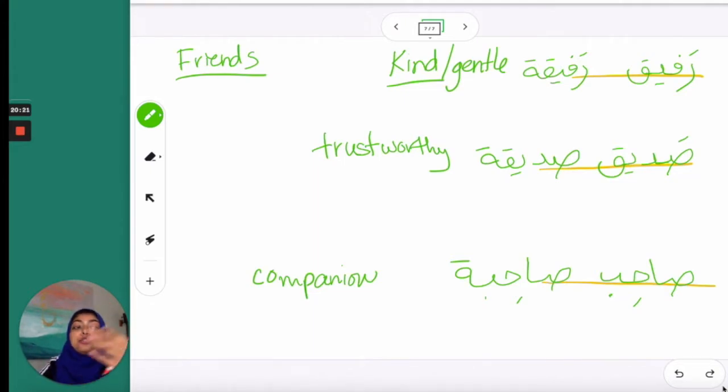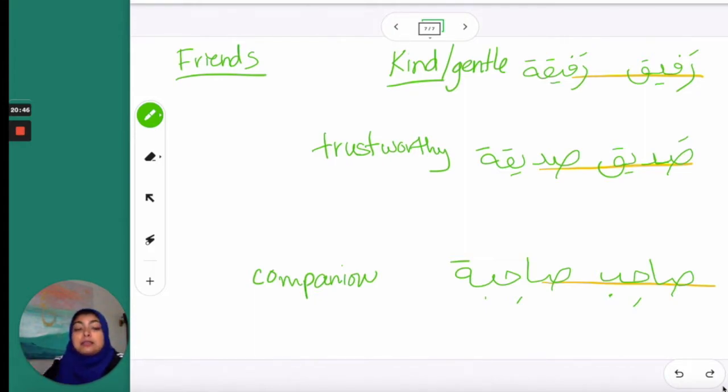So as if you're introducing someone, you're introducing me to your friend. Okay? And so when you're using this, you're really saying what level of friendship you have with this person, that I really trust this person, or this person is really kind, or I spend so much time with this person. And that's the beauty of the Arabic language, that there are so many words for what in English we would just consider one word, right?